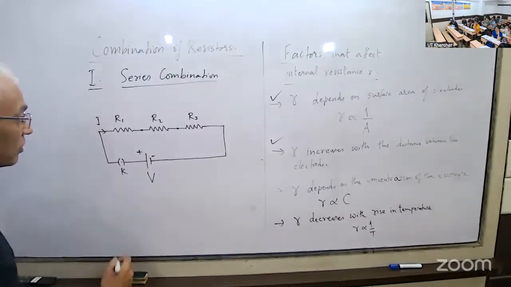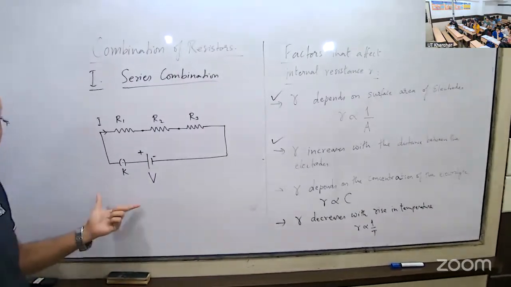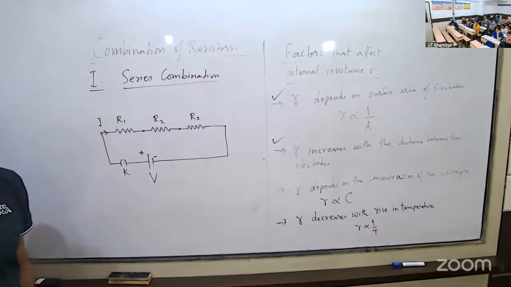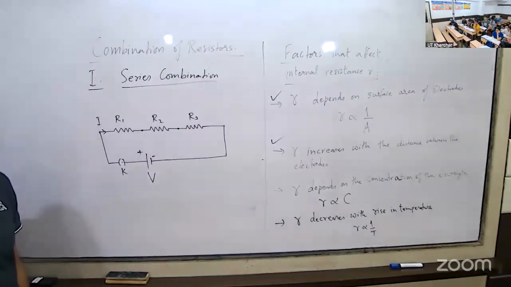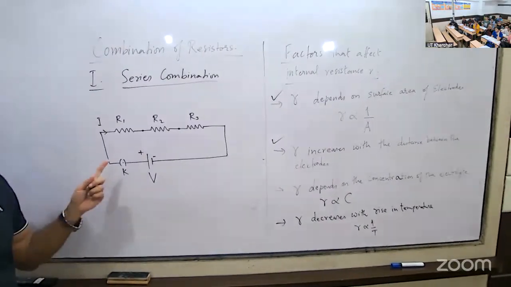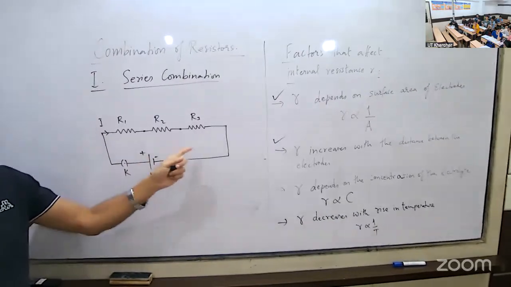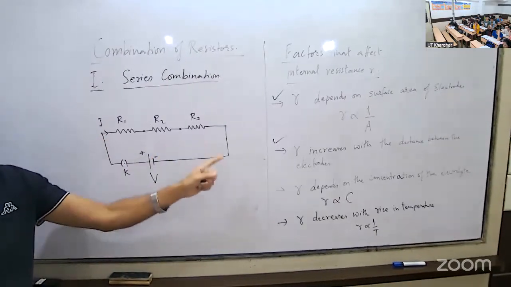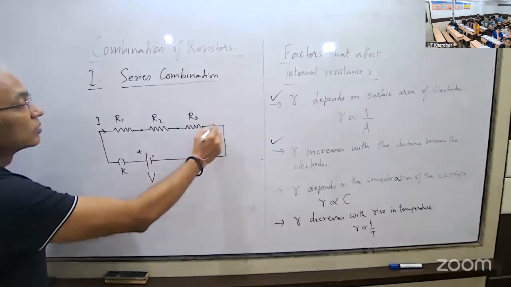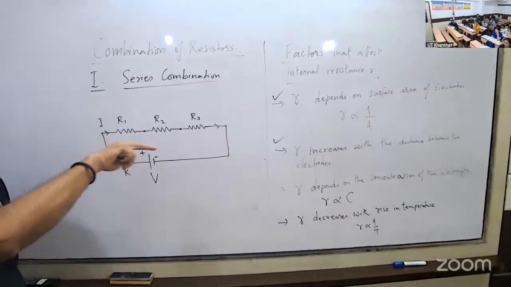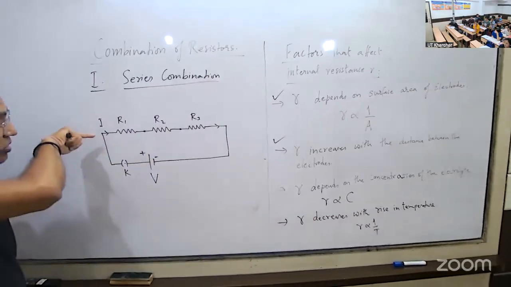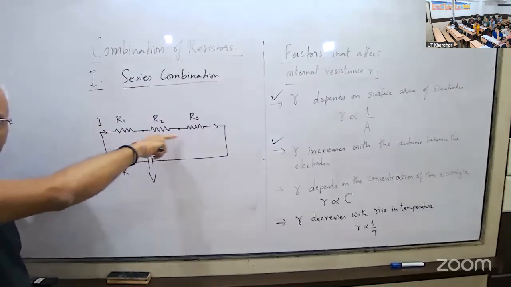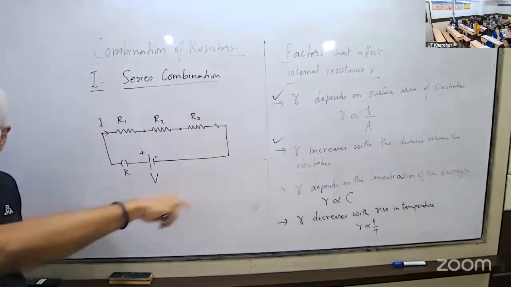Now, what are the features of series combination? You see, the same current flows through all the resistors. Same current is flowing through all resistances that are connected in series because there is only one path. So current is nothing but charges in motion. Whatever charge is passing through R1, the same amount of charge is passing through R2, R3 because there is only one path.